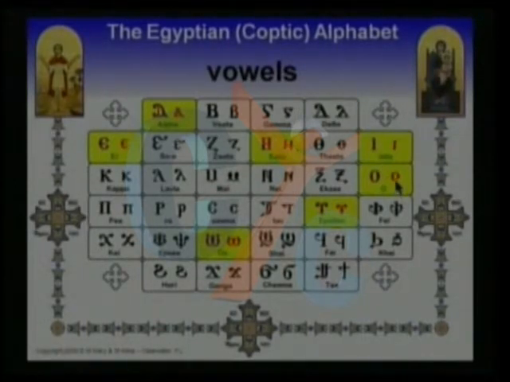And then there's the short O, and the long O, which looks like a W, and then another letter pronounced like the iota. It is E also. So the vowels in Coptic involve these 7 letters.